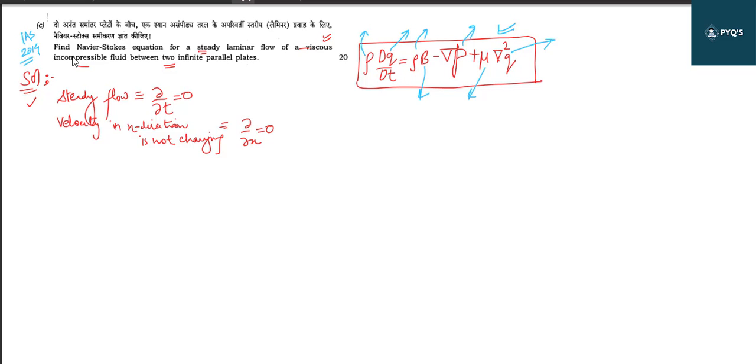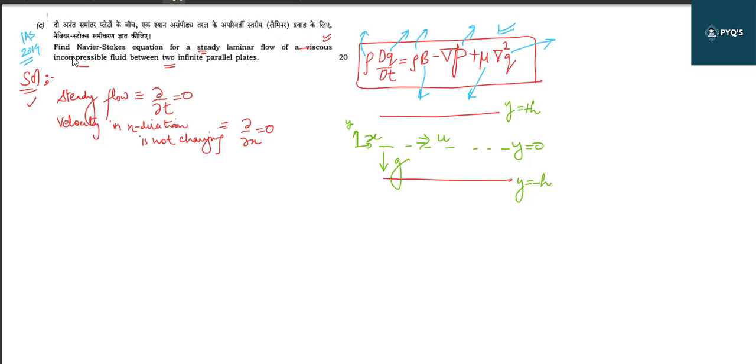Now let these two be infinite plates and this is the center line. So here y equals 0. Suppose this is the y direction and this is the x direction. Now y equals minus h and y equals plus h. Consider the x direction velocity is u, and g is the force, since it is a vertical plate.